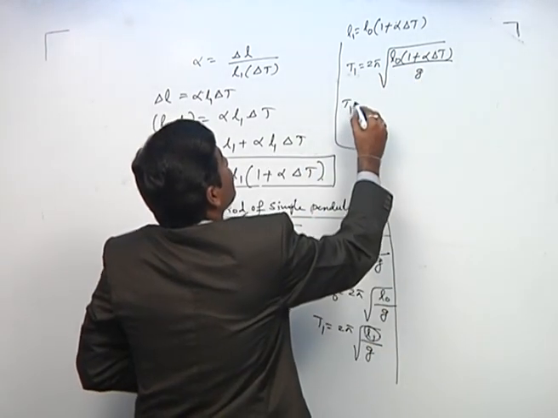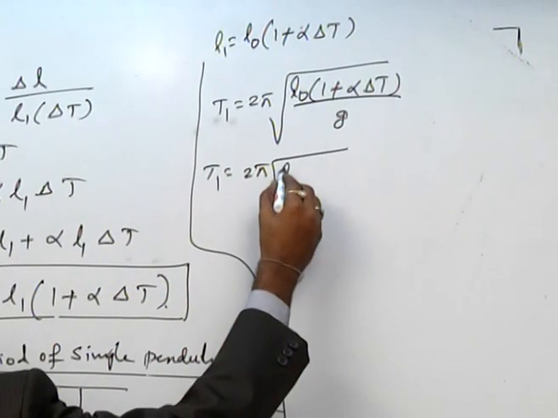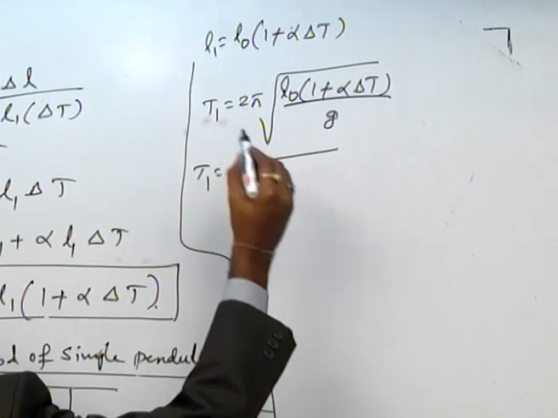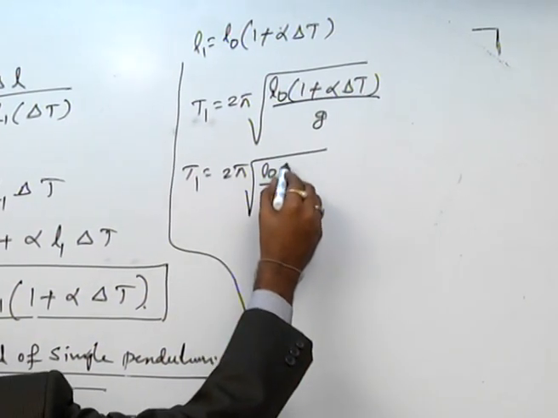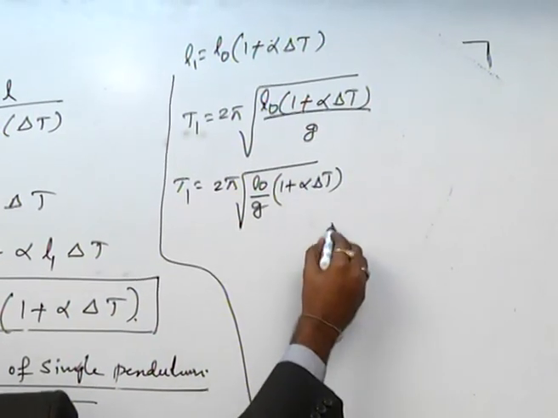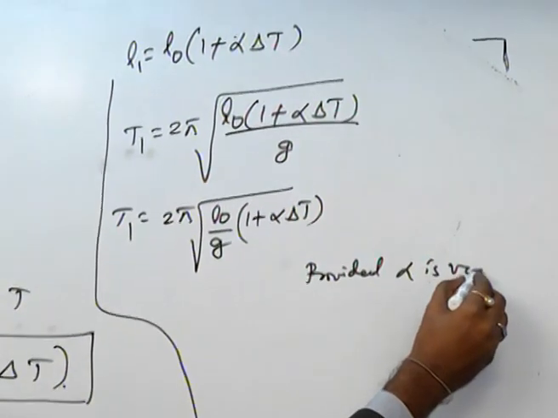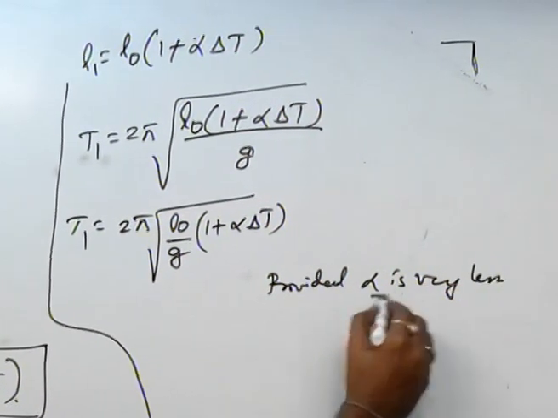See, T1 is equal to 2 pi under root of L0 by G here, 1 plus alpha delta T, provided alpha is very small. We know that the coefficient of linear expansion is very small.